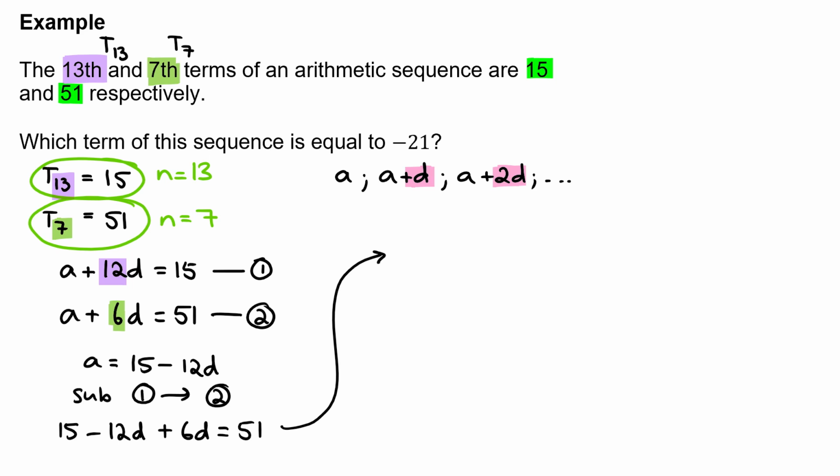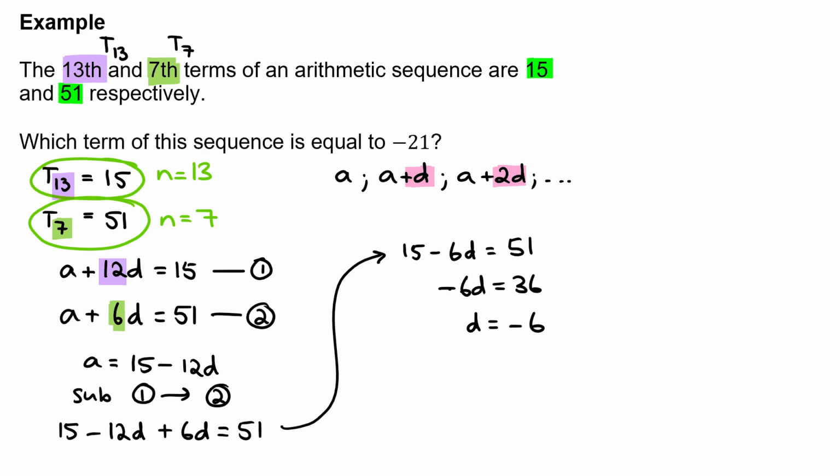And if we move over then, we're going to see that it's 15 minus 6 differences is equal to 51. We're going to go ahead and move that 15 over. So we get negative 6 differences is equal to 36. Divide both sides by negative 6 and we get the difference is equal to negative 6, like so.